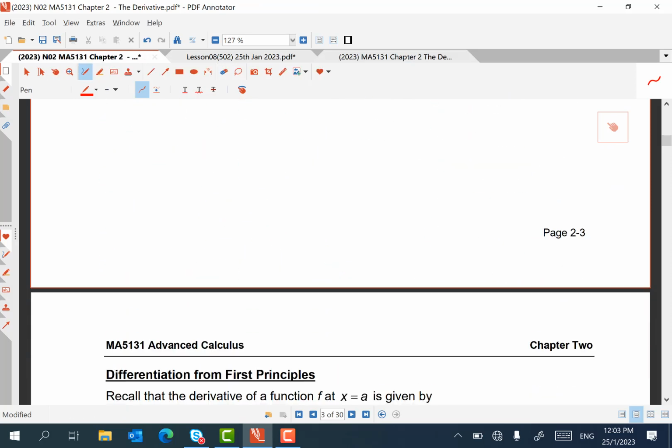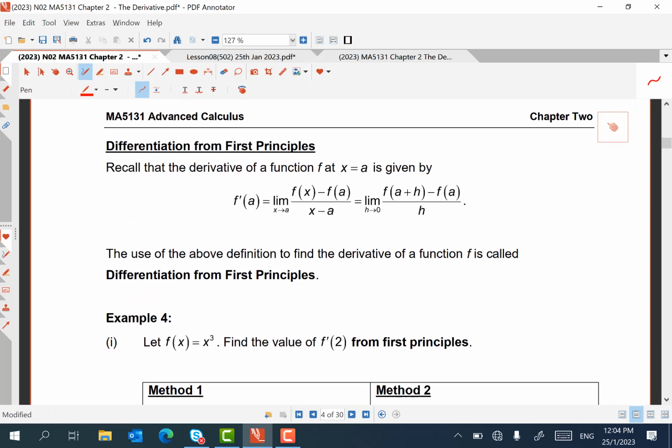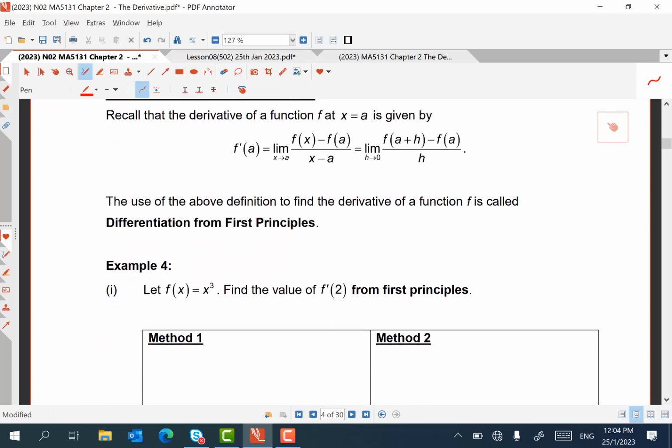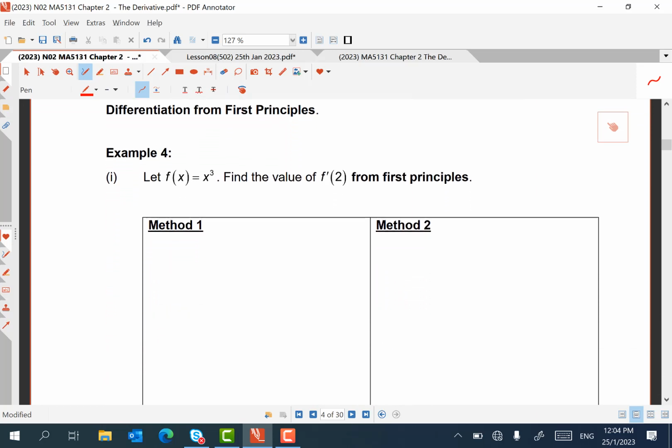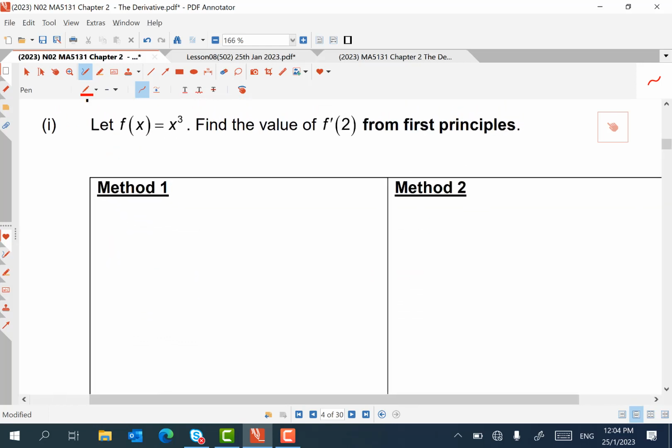Okay, let's press on. Class, let's find the gradient of this function at 2 using the two methods. What are the two methods now?